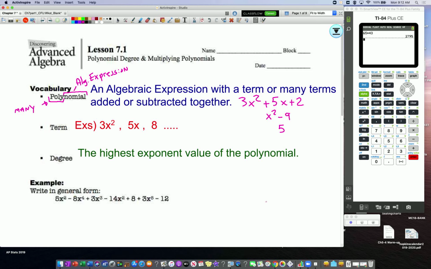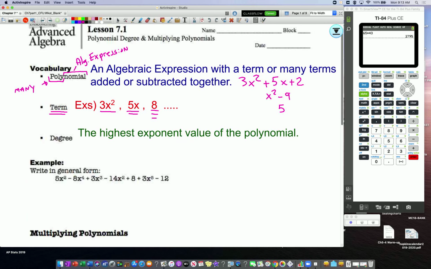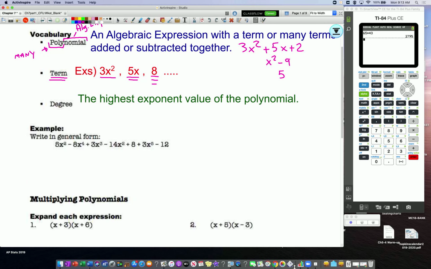So when we're adding and subtracting many terms, we talk about what a term is. So it's like this piece, or this piece, or this piece, and these terms are added and subtracted to each other. Now, when we write a polynomial in what we call general form, we really have to focus on the degree.